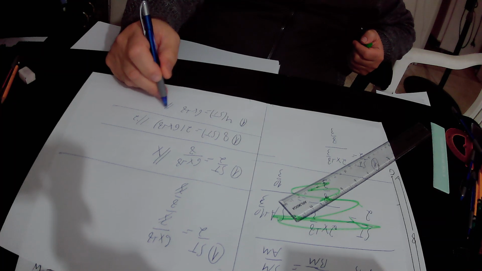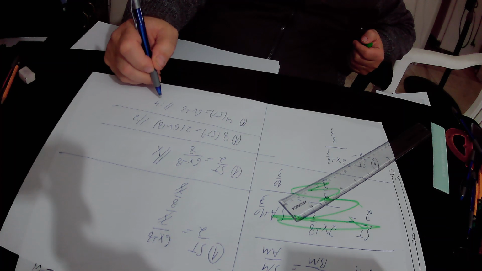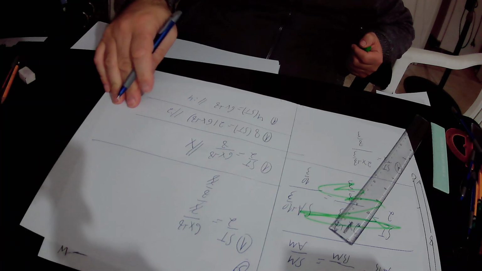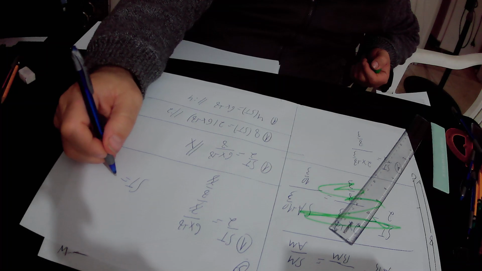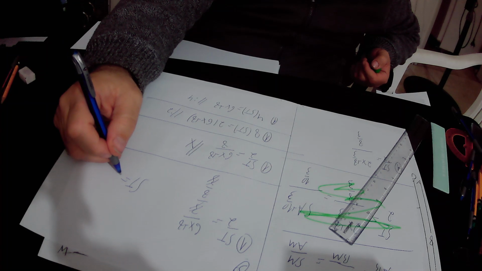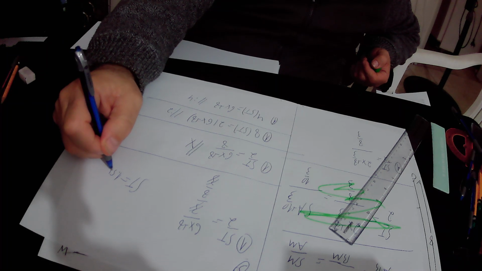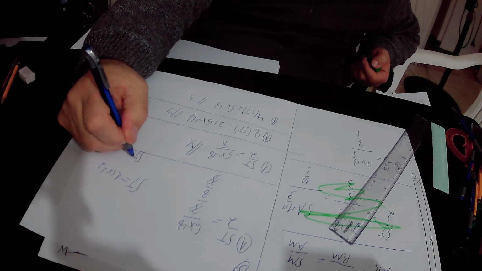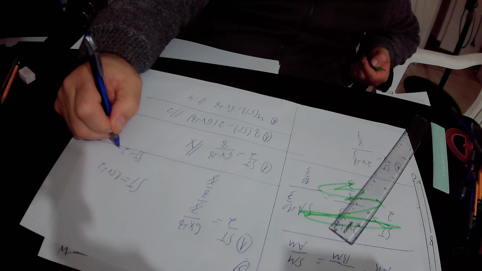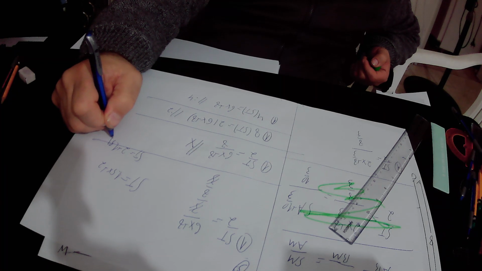Here we divide this equation by 4, and finally we get that ST equals 6x over 4, which is 1.5x, plus 8 over 4, which is 2. So in conclusion, ST equals 2 plus 1.5x.